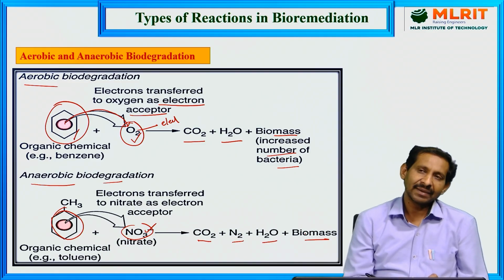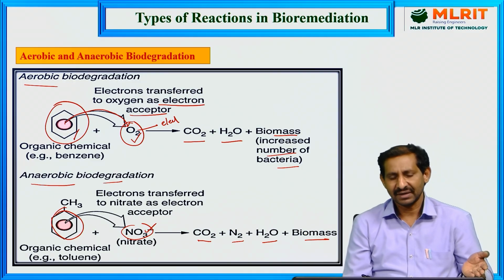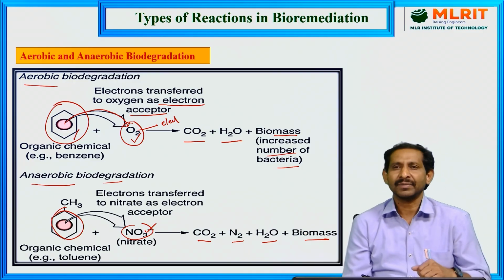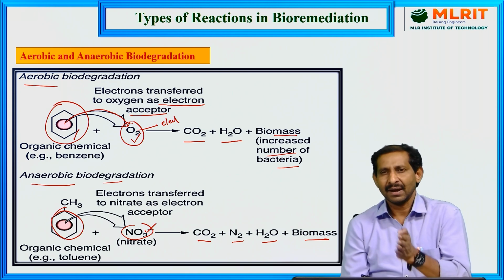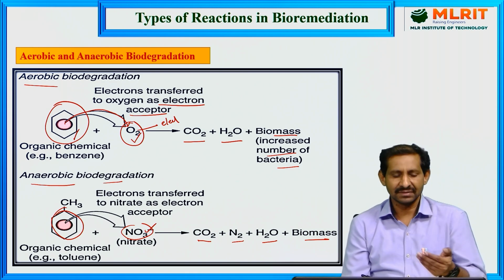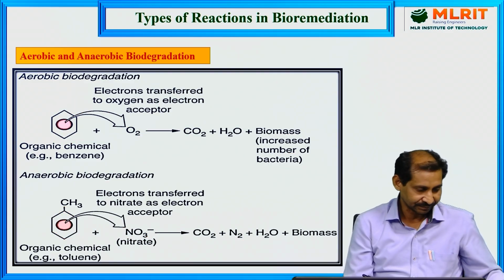So these are the chemical reactions involved in aerobic and anaerobic biodegradation. Electrons are taken by oxygen in aerobic conditions, and by nitrates as the electron acceptors in anaerobic conditions.